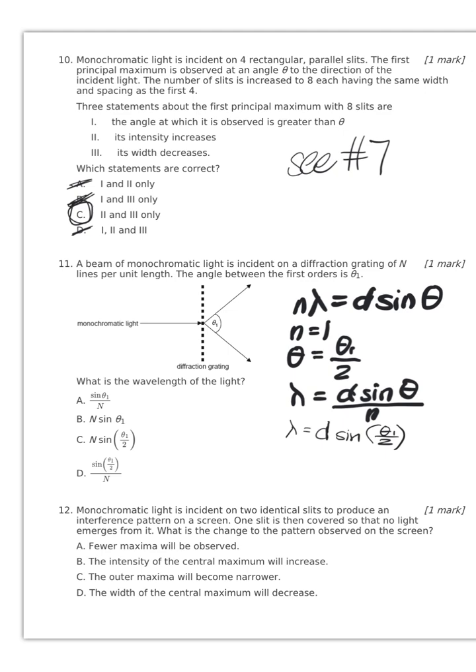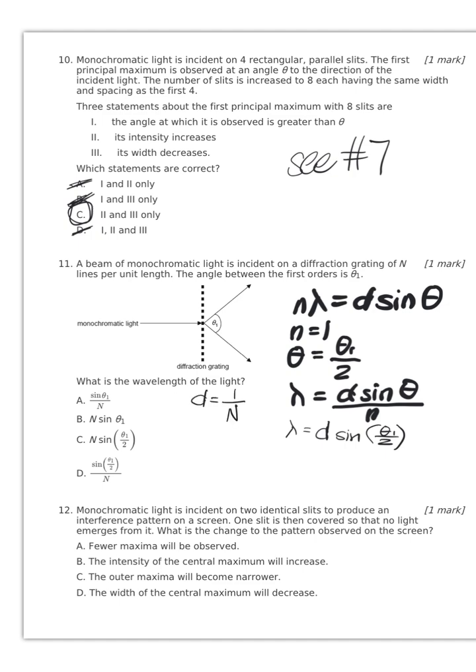Now d is the spacing between the lines, and it says that it has N lines per unit length, so you might remember the trick that the number of lines per unit length is 1 over the length per line, which would be d.